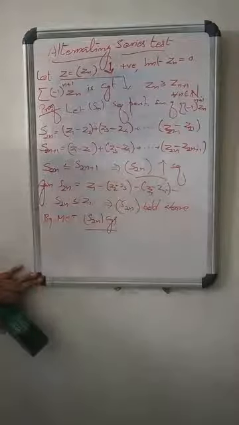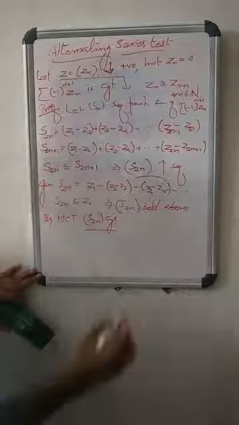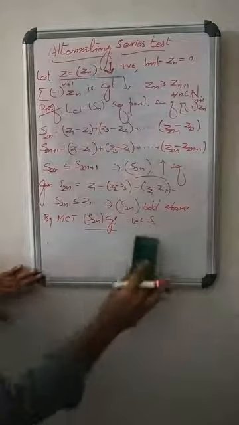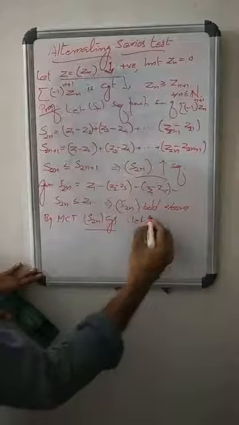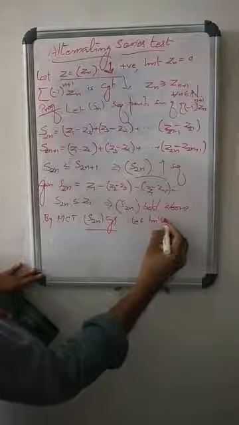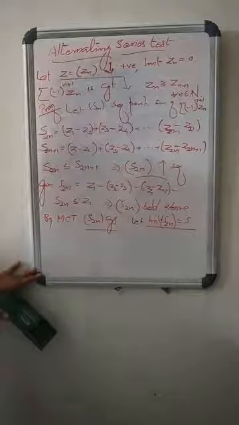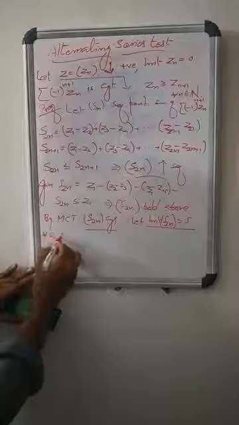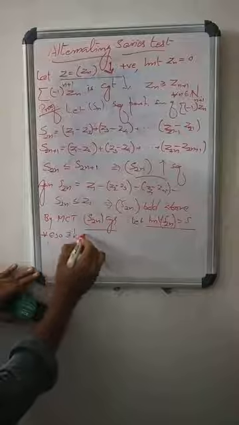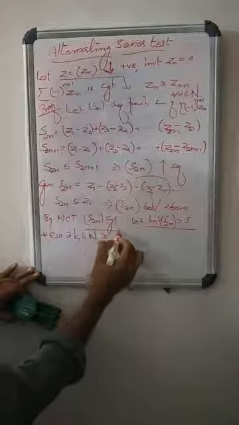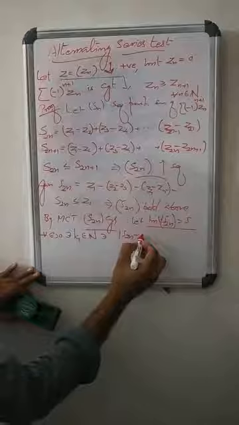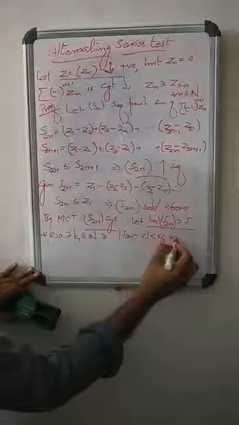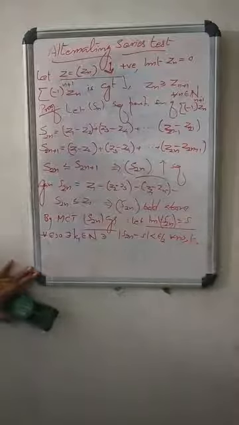Now the sequence S2n converges, so let limit S2n = s. Limit S2n = s means, by the definition of limit, for all epsilon positive there exists some k1 in N such that |S2n - s| < epsilon/2 for all n ≥ k1.